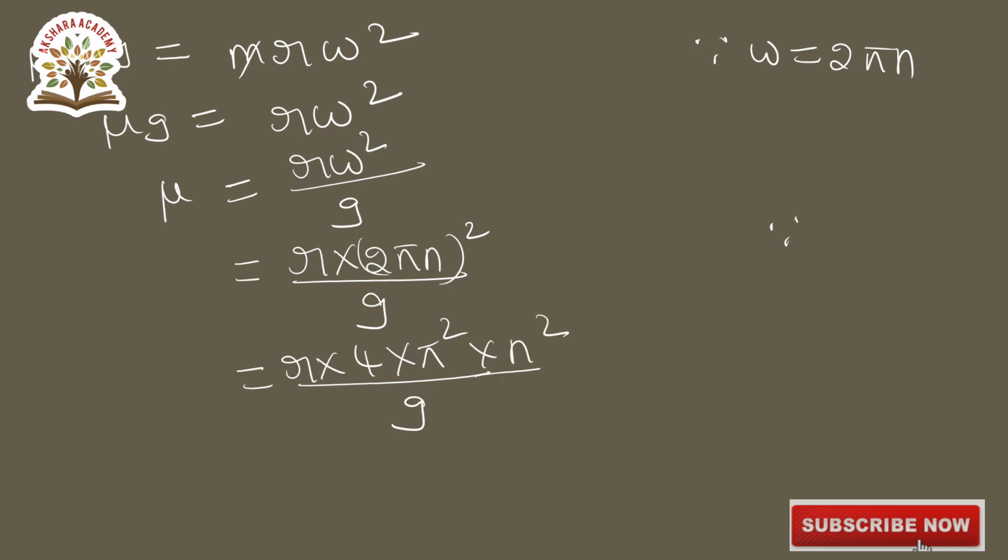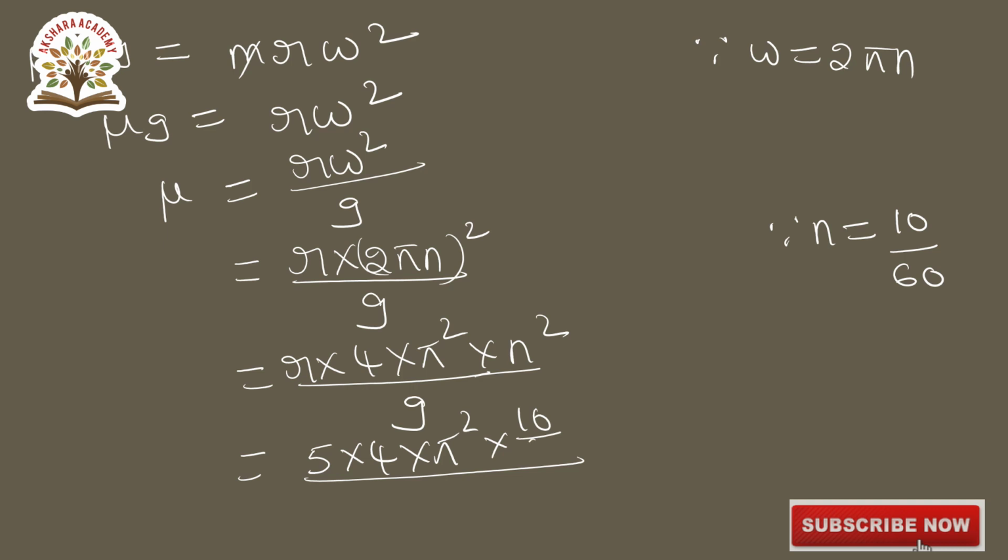Here since n is 10 revolutions per minute, that is 10 by 60. So now we are substituting all values. r is equal to 5 and 4 into pi square into 10 by 60 whole square by g value they given as 10. So here 5 1 ja 5, 5 2 ja 10, 2 1 ja 2, 2 ja.